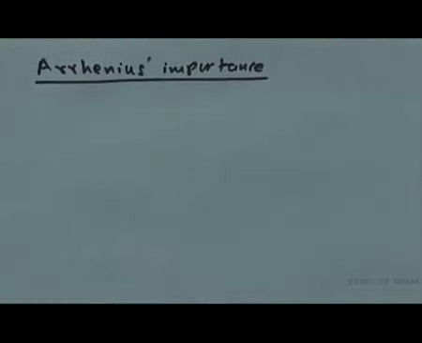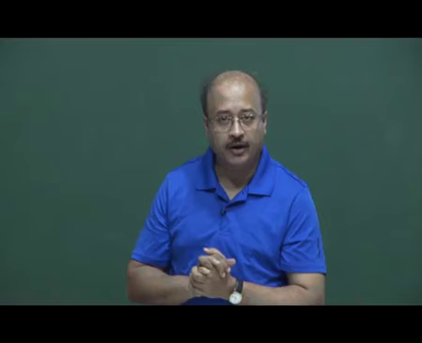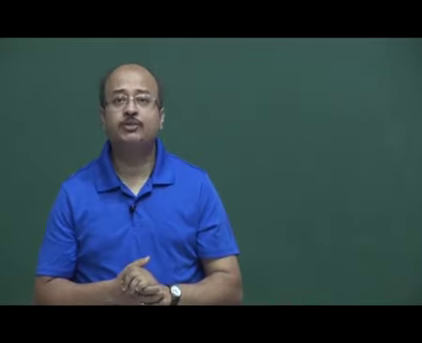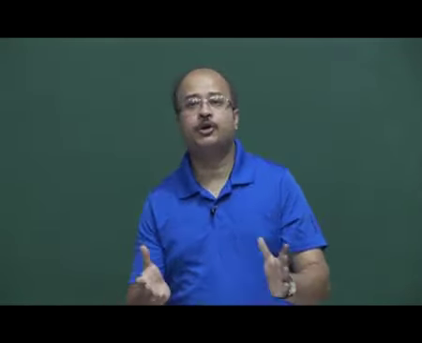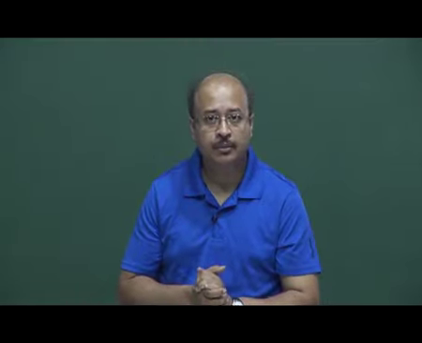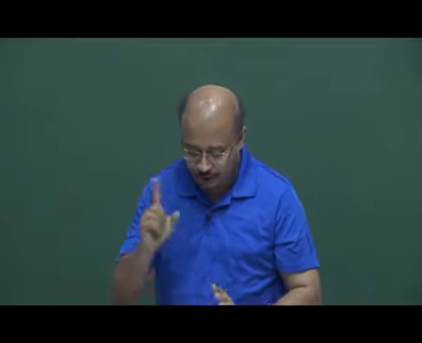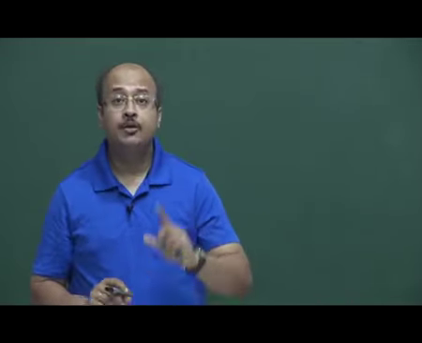So, Arrhenius, he accepted this approach by Van 't Hoff, right, and he tried to generalize it. He said that this is possibly applicable for any possible reaction, but how did he visualize the reaction happening? This is what he proposed.